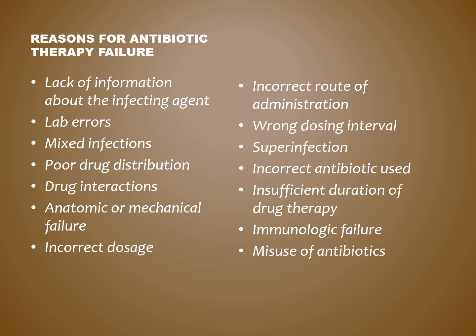Incorrect route of administration, for example, antibiotics can be given orally or IV, intravenously. The wrong dosing interval based on renal clearance, you could be giving the wrong dosing interval. Maybe they're supposed to be taking it twice a day, once in the morning and once in the evening, and if you're doing that incorrectly, that can cause antibiotic therapy to fail.